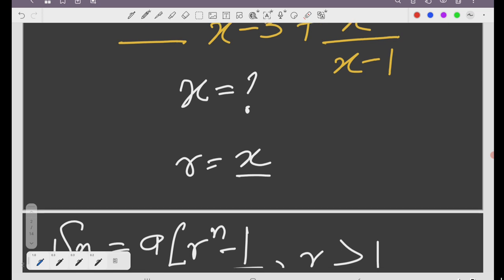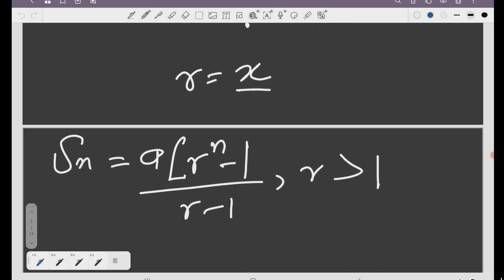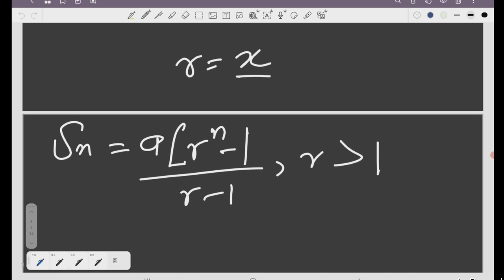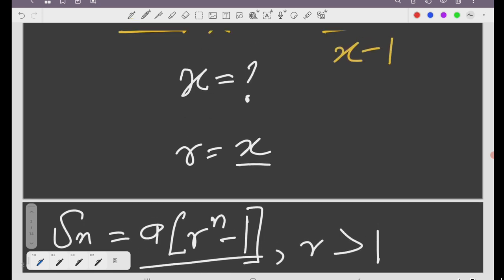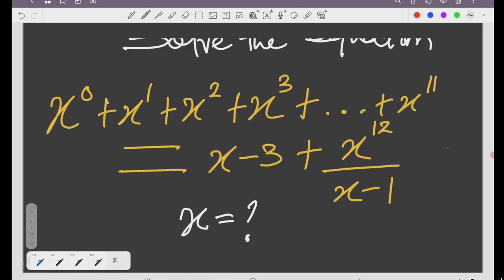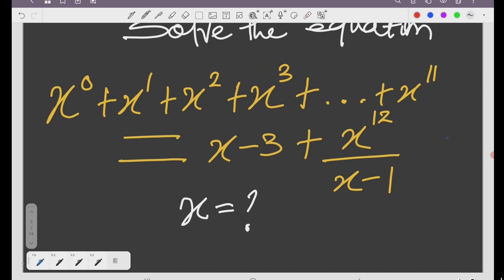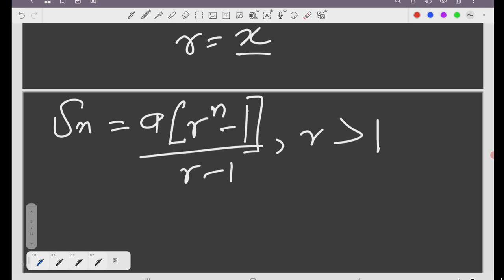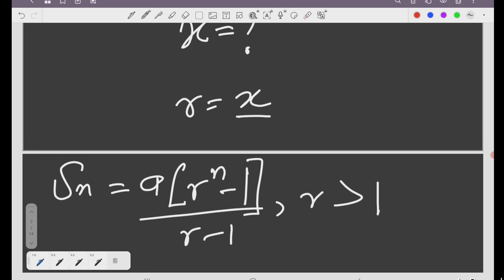Then there is something we must also consider, which is the summation. In the summation, you discover that the common ratio is greater than 1 because r is x.